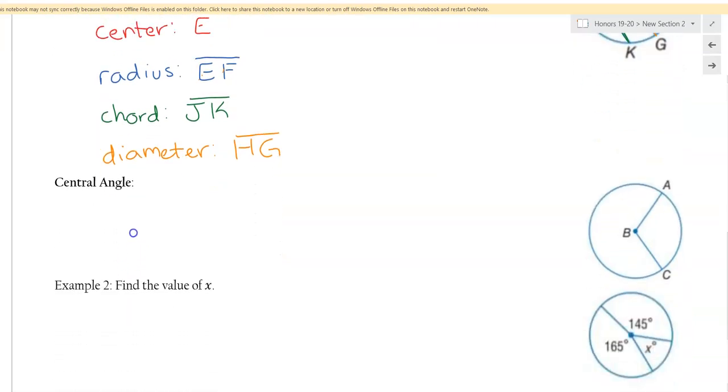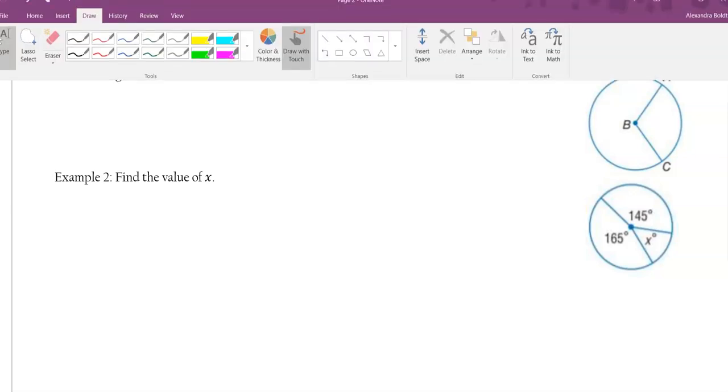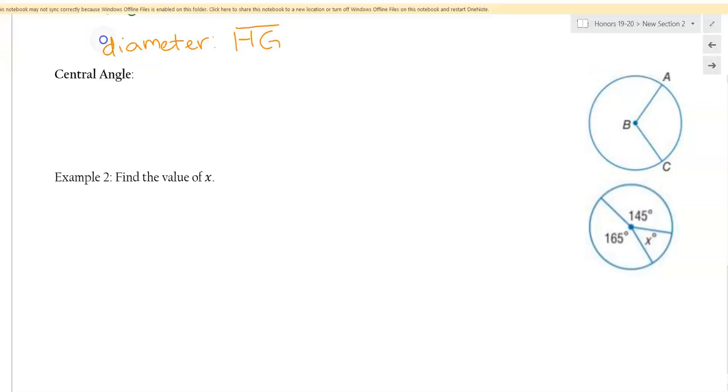The next thing you want to look at is a central angle. So a central angle is an angle created by two radii.